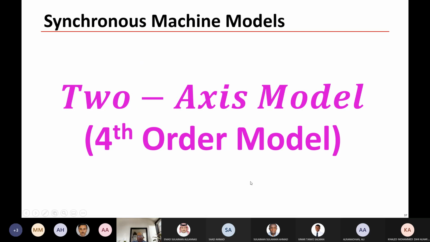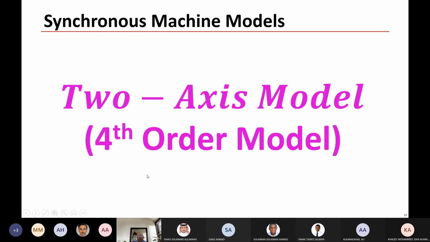Fourth order model, this is another model. In the third order model, we consider only EQ prime dot, implicitly saying that ED prime is constant. We have EQ prime and we have ED prime. When we consider only EQ prime in the third order model, we assume there are no changes in ED prime.